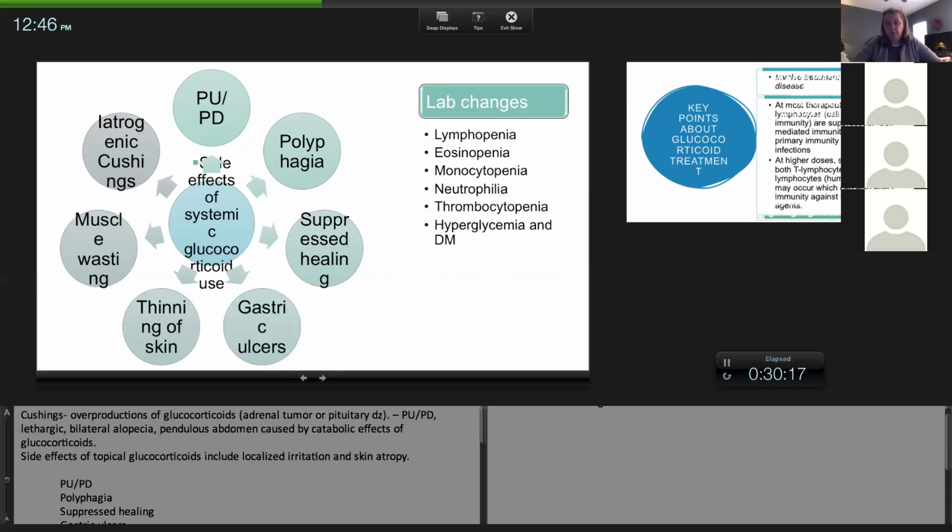They may eat more, eat faster, want more, and that happens after a while, and they can get suppressed healing. Again, what is a glucocorticoid doing? It's minimizing inflammation. Well, inflammation accelerates wound healing, but some inflammation causes side effects that we want to minimize.